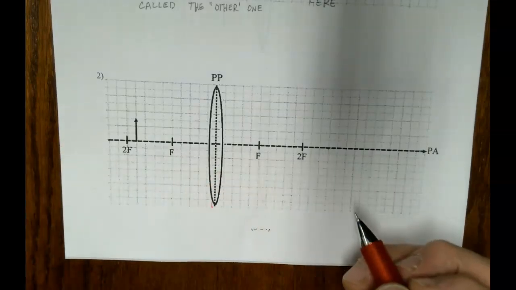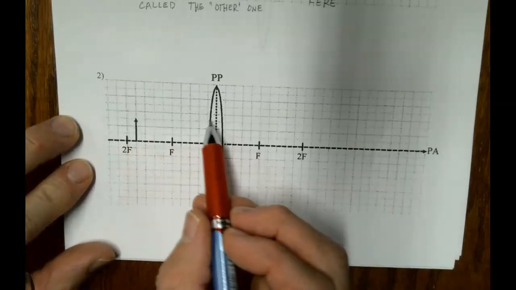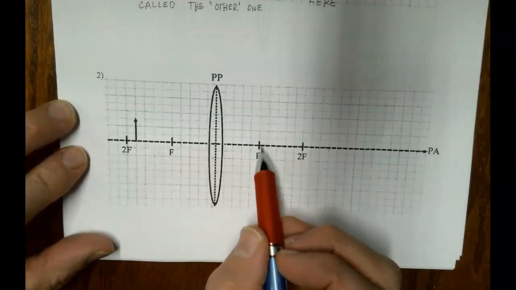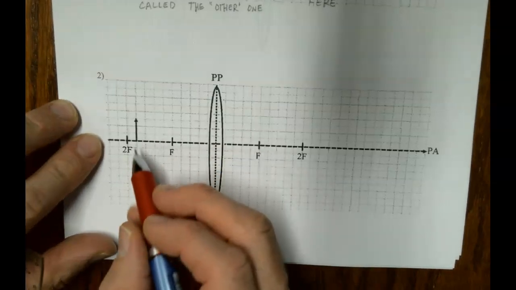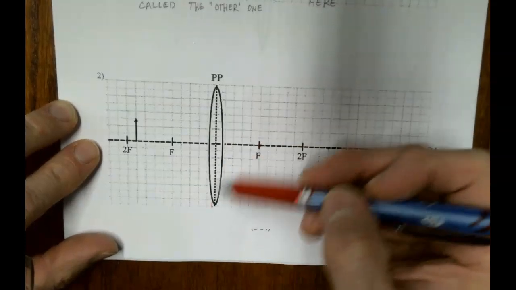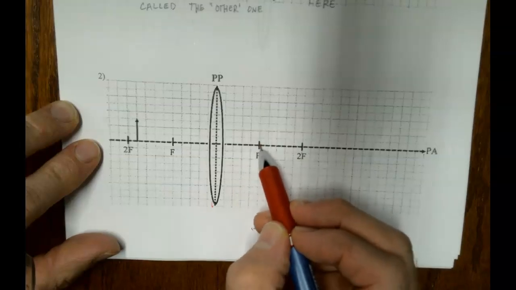The focal points for lenses are very similar to mirrors, except that the light is going through the lens because it's made out of something like glass. So the focal point will be on the other side from where the object is. We call that the focal point, and for this double convex lens here, or a converging lens, this will be the focal point.